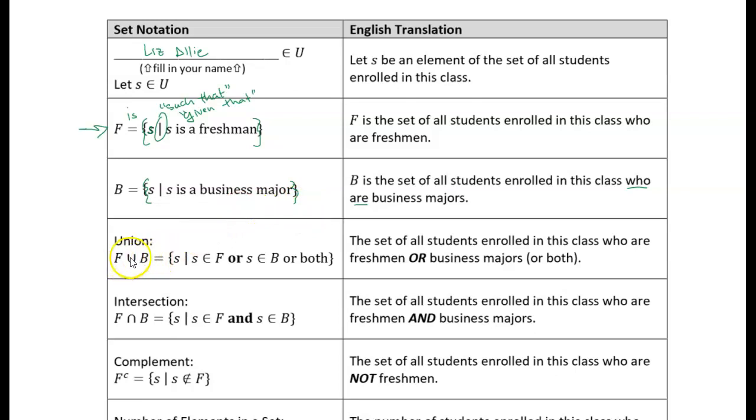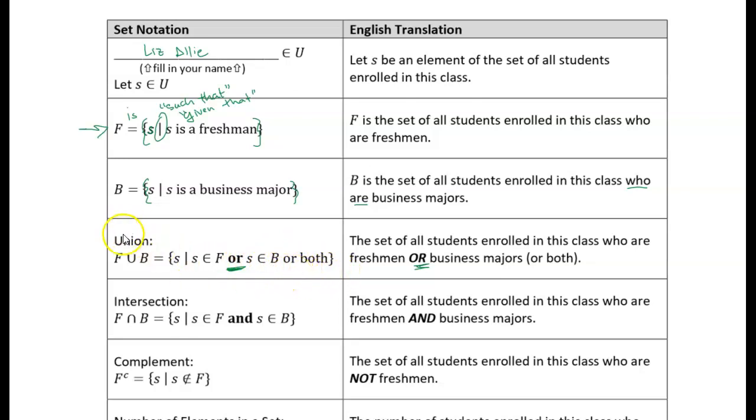So the union of F and B is a set of all students such that the student is an element of F, the freshman set, or, it's important, it's in bold, or the student is an element of the business major set, or both. That's what a union means.